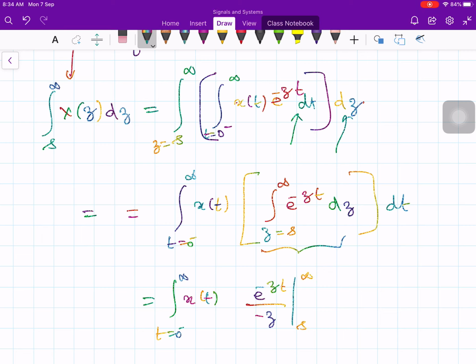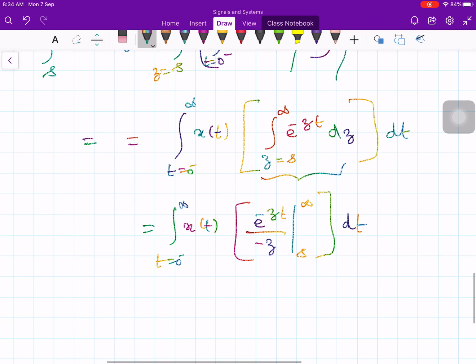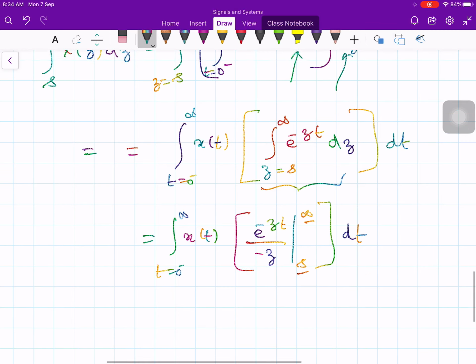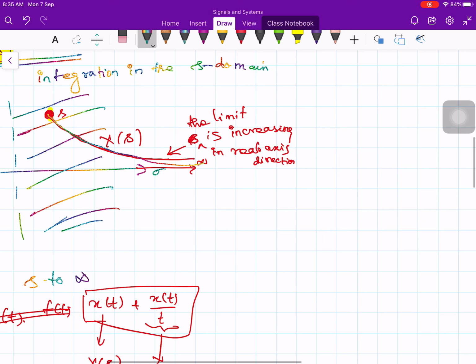The lower limit is s and the upper limit is infinity. Now substitute the upper limit, and it becomes 0, because we are moving on the real axis, as we said here. After all, z is a complex number, let's say sigma plus j omega.